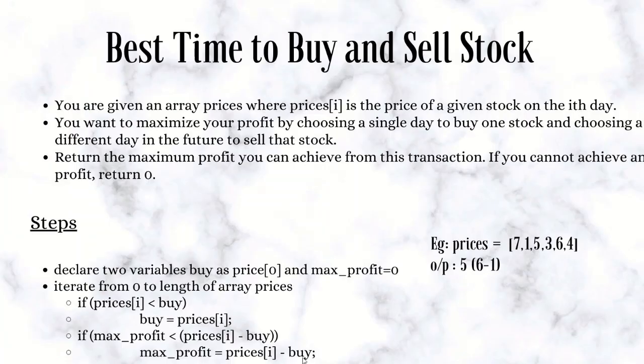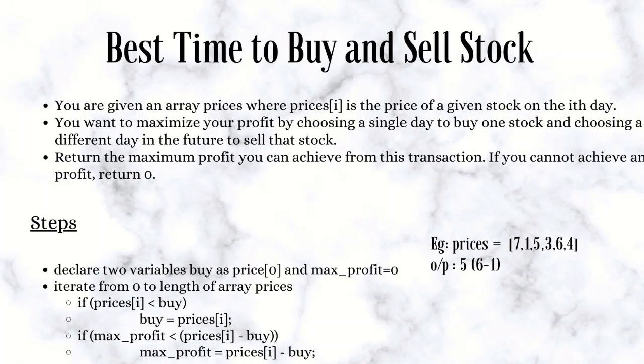The final problem which we are going to solve is to find the best time to buy and sell stocks. Here we are given an array prices where prices of i is the price of a given stock on a particular day. We have to maximize the profit by choosing a single day to buy the stock and choosing a different day to sell the stock.